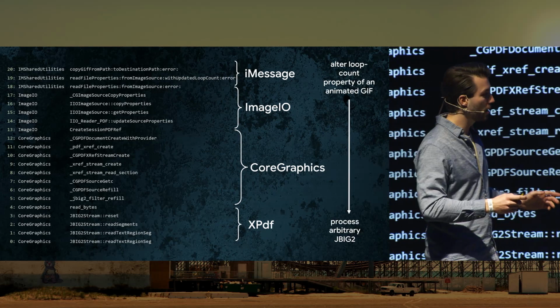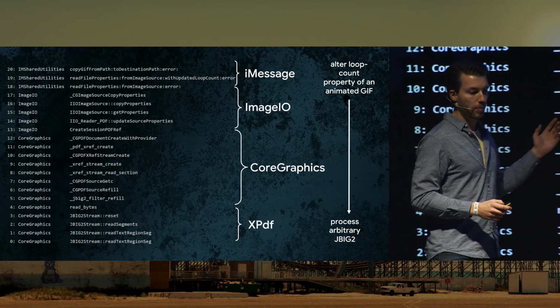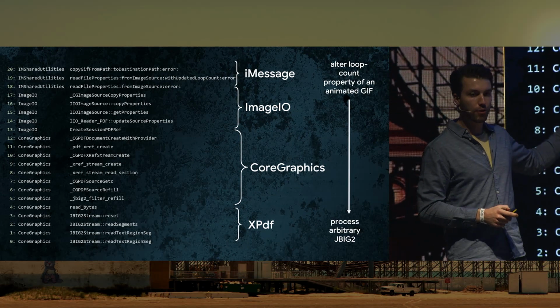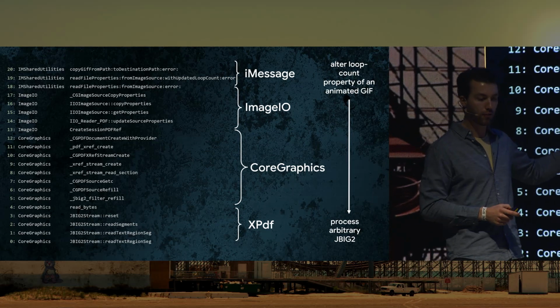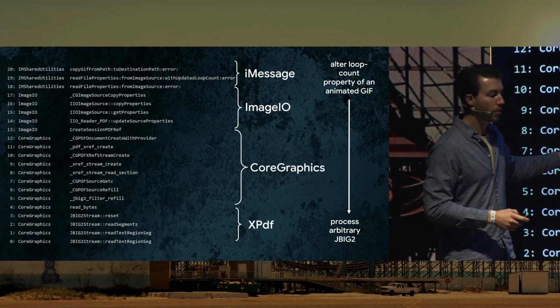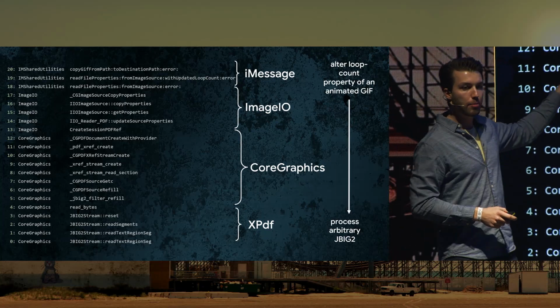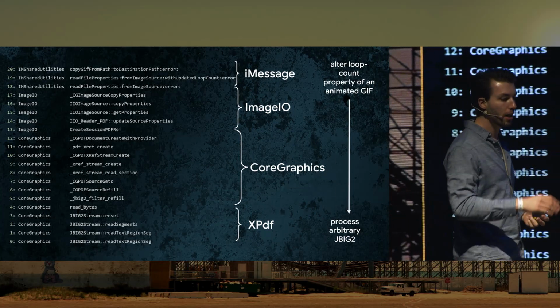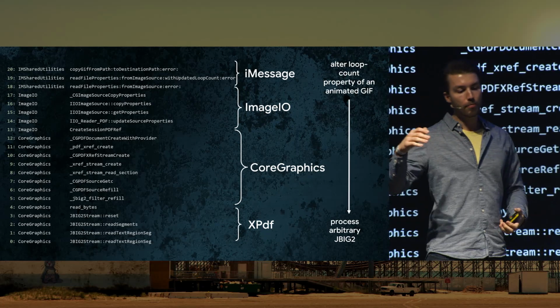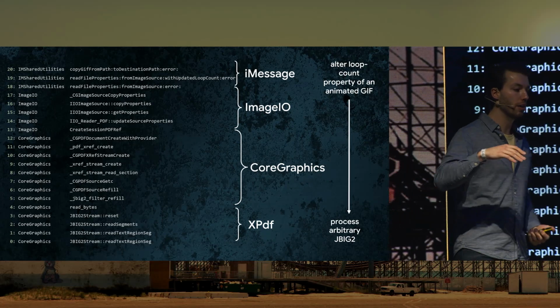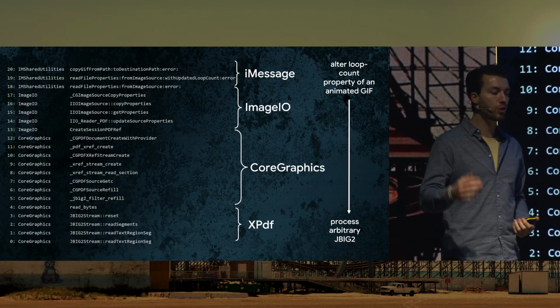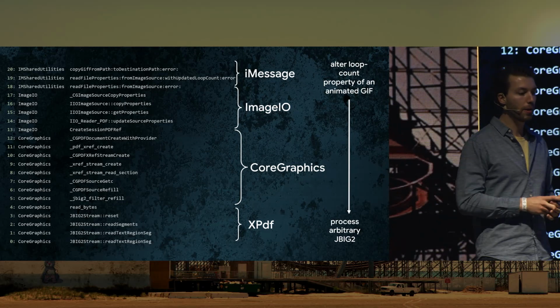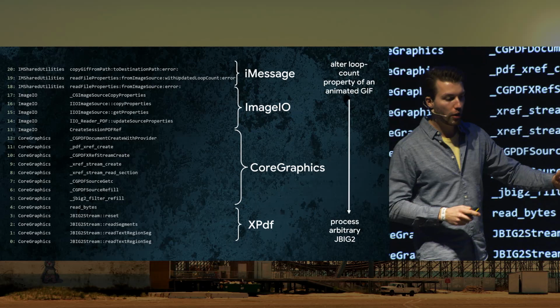But funnily, or maybe not so funny, this is an actual stack trace from the exploit crashing, from it failing. And you see it starts in iMessage. It starts exactly in this copy GIF from file and so on, goes to the read file properties. It then goes into image.io, which is their image parsing library. And then it goes into core graphics, right?